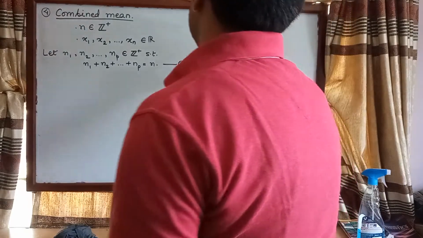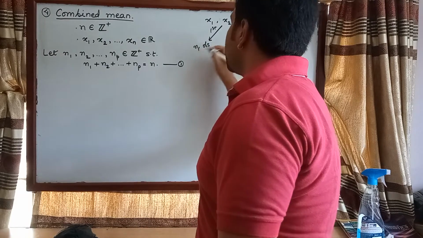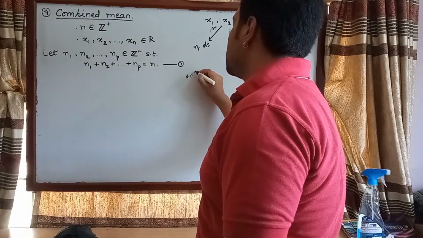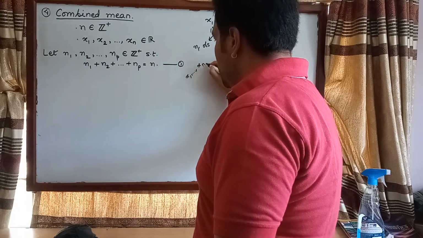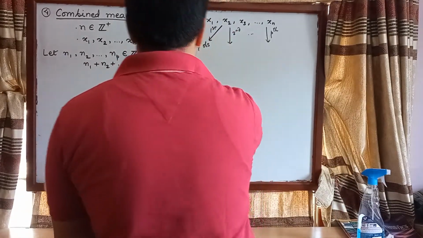In the first part there are n1 observations, not necessarily x1 up to xn1, but just any n1 observations.